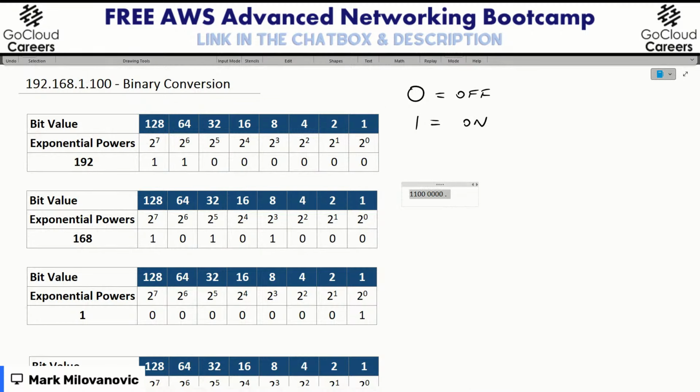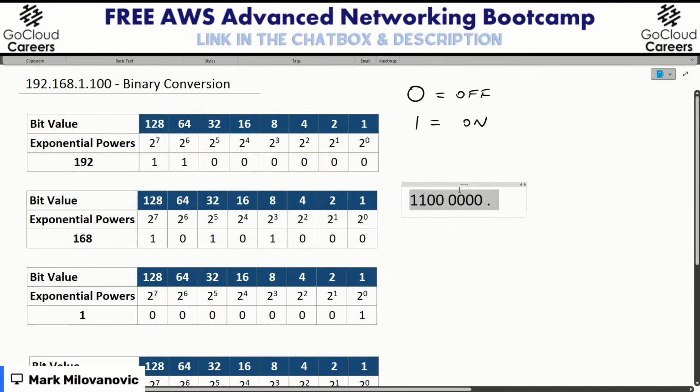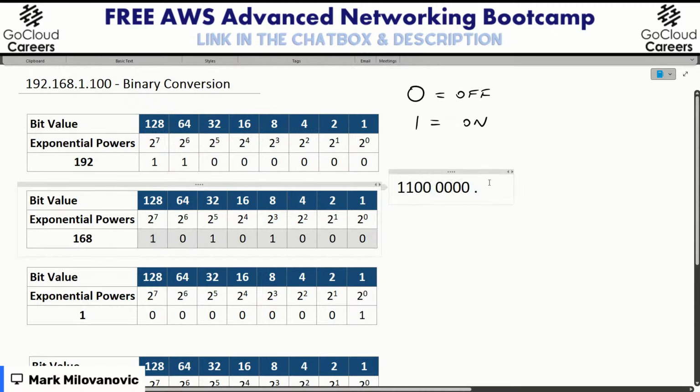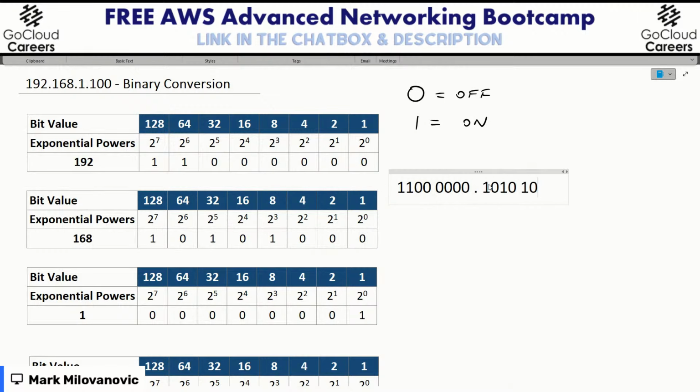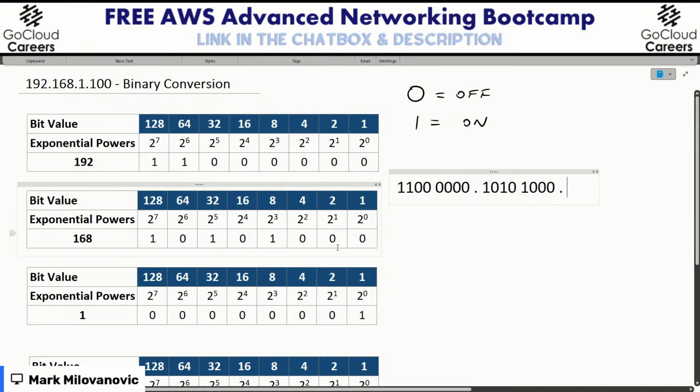Okay, so this was this. And let me make this a little bit bigger. Then we have our next value, 168, which is going to be represented as 1 0 1 0 1 0 0 0. Okay.